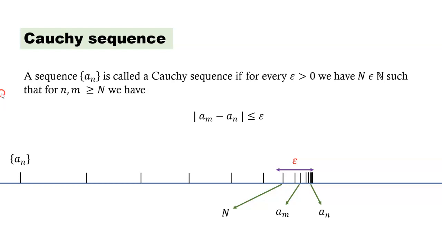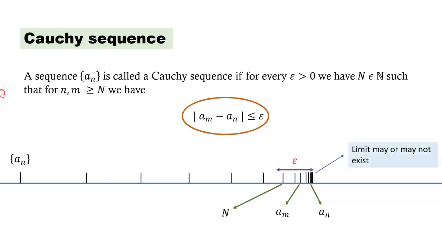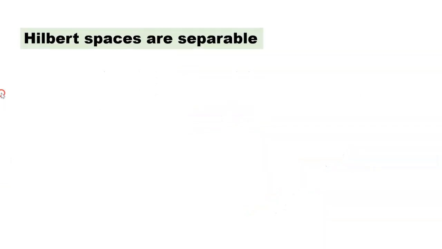In a nutshell, a Cauchy sequence is a sequence whose terms come close to each other after some point. Now, the limit of the Cauchy sequence may or may not exist. You will understand this later. Now, let's look at the separability of the Hilbert spaces. What is separability?